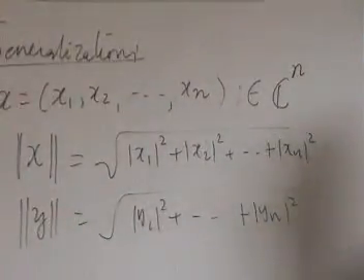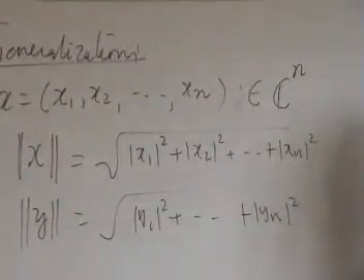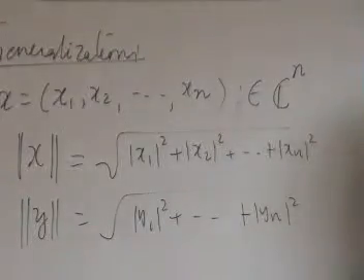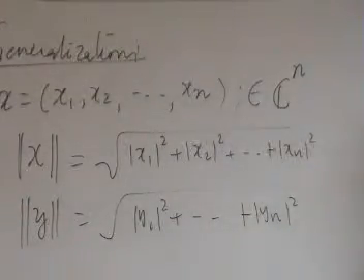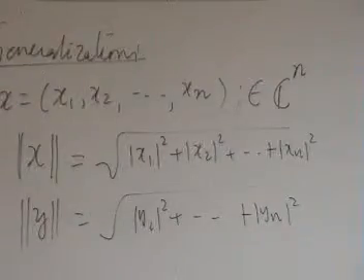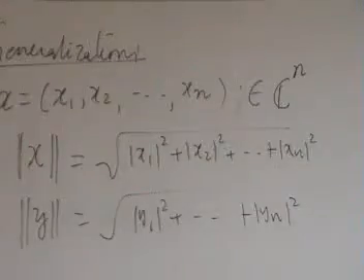Then I have to define x dot y to be x1 y1 bar plus etc. plus xn yn bar. Again, this is necessitated by the complex business. Then the question is: is mod x dot y less than or equal to the length of x times the length of y, with equality if and only if x and y are dependent? And the answer is yes.